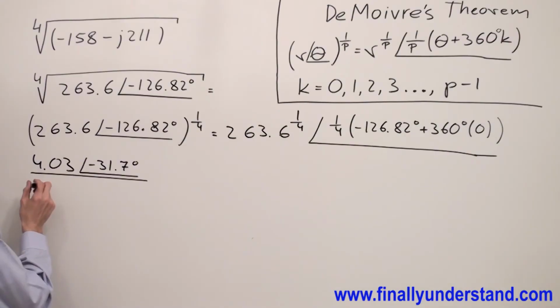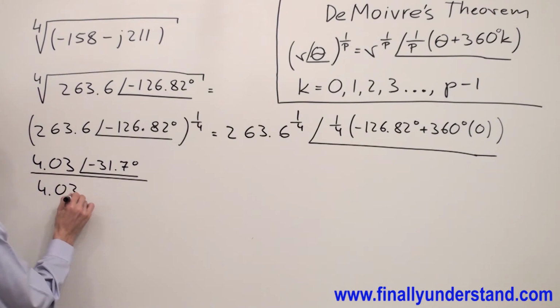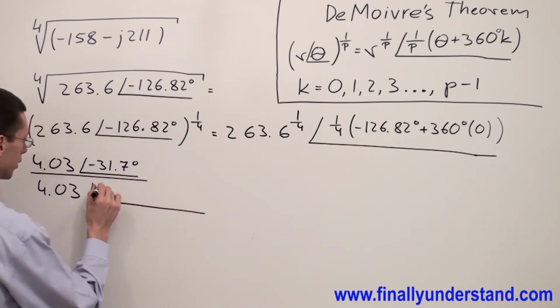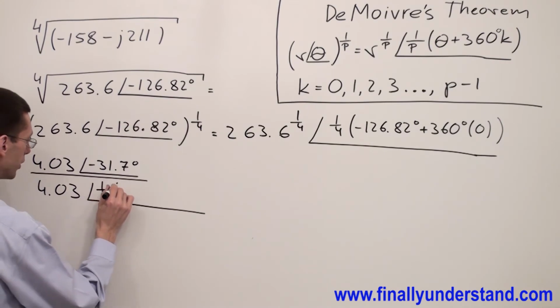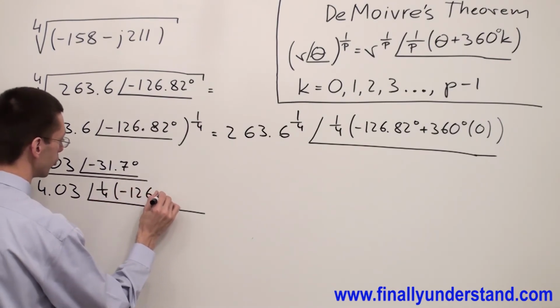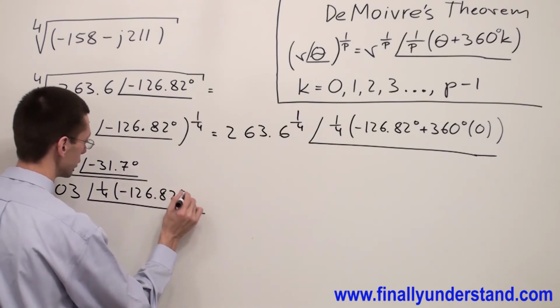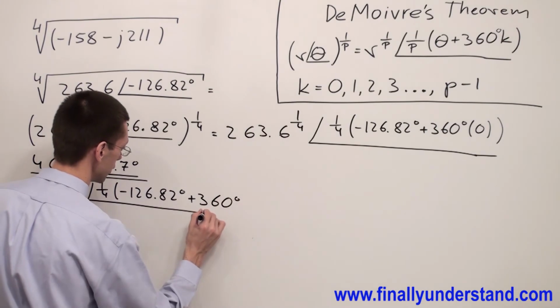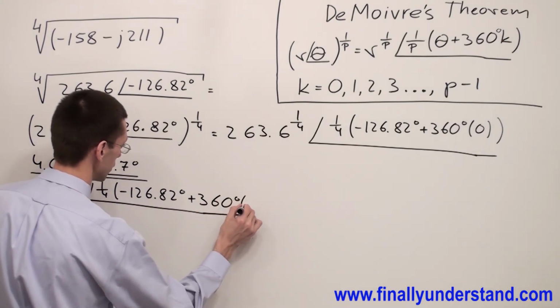The second root you will find by simply copy down the magnitude 4.03 and angle of 1/4, open parenthesis, negative 126.82 degrees plus 360 degrees times 1.